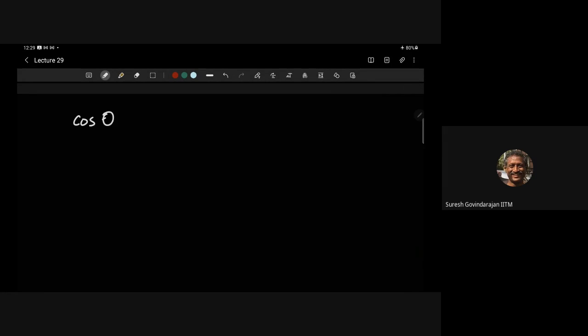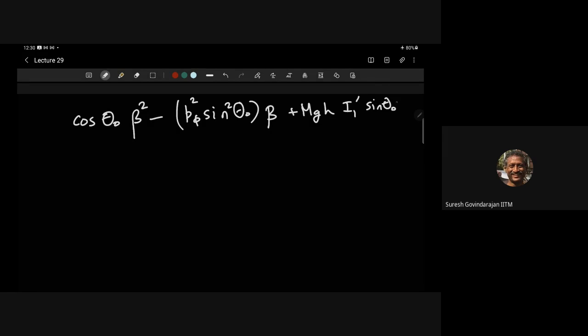cosine theta naught: theta square minus p phi square sine square theta naught beta plus mgh I1 prime sine theta naught equal to 0. Okay, so this is a quadratic equation.